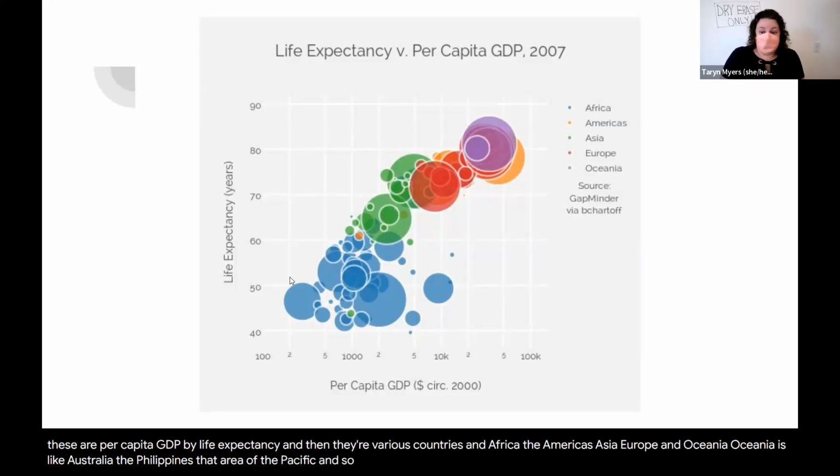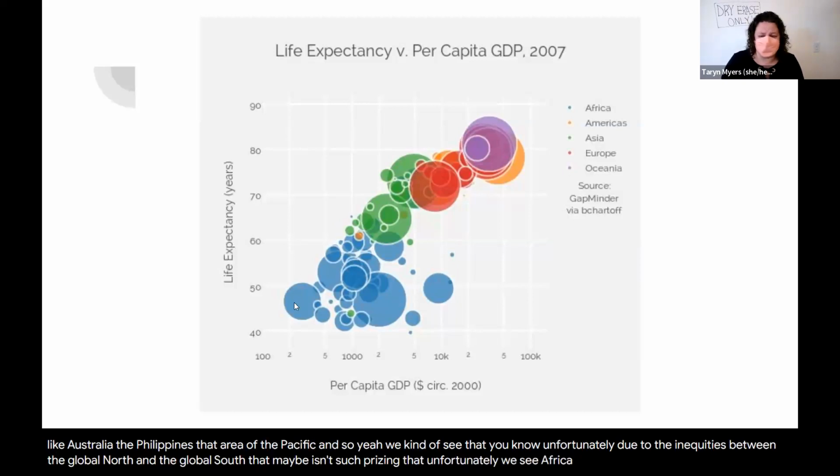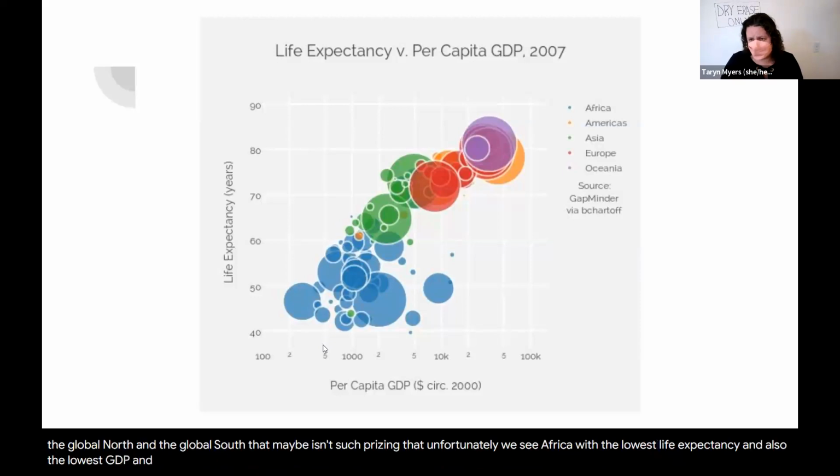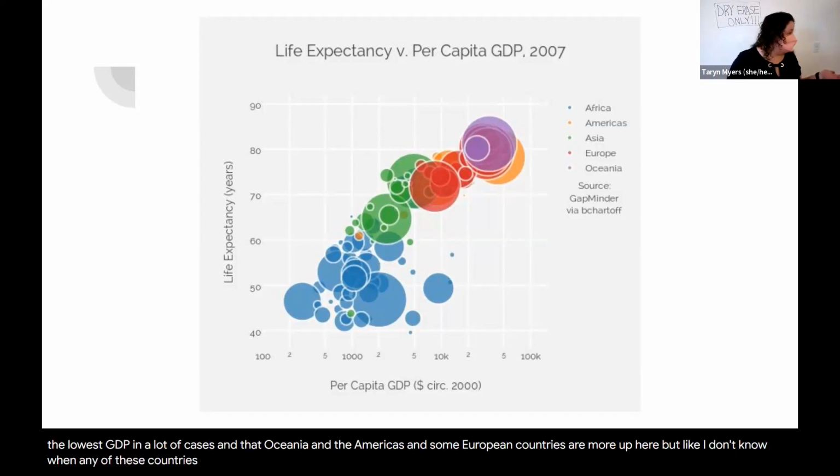And so, yeah, we kind of see that, unfortunately, due to the inequities between the global north and the global south, it maybe isn't surprising that we see Africa with the lowest life expectancy and also the lowest GDP in a lot of cases, and that Oceania and the Americas and some European countries are more up here. But I don't know which countries any of these are, right?